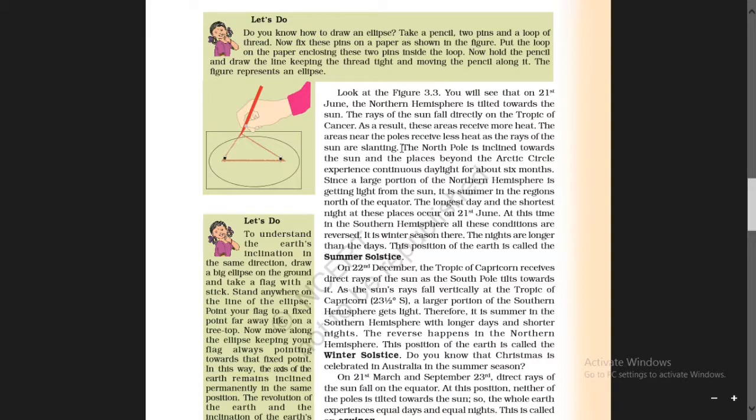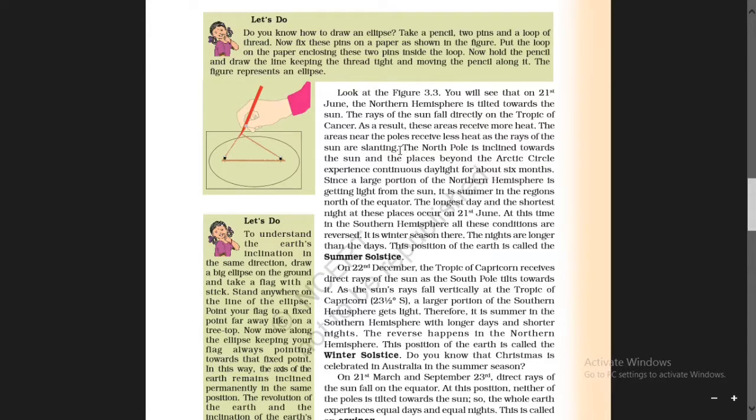So more heat we get in the Tropic of Cancer, and the areas near the poles, whether the North Pole or the South Pole, receive less heat. It is because the rays of the sun are slanting. Slanting means sloping fashion.